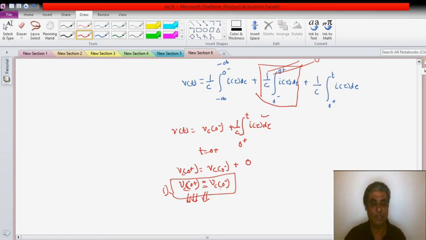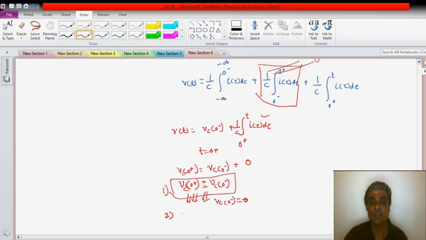That is, the charge in a capacitor cannot change instantaneously unless we force it. Now second, if my Vc of 0 negative, let's say my initial condition is 0, what will happen?